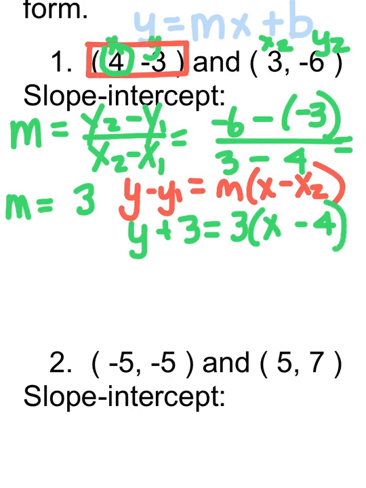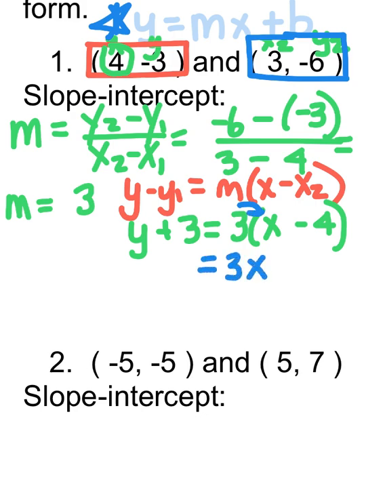And now we have it in point-slope form. You could have used the other point. It would be just as effective. Now we're going to change that to our goal, which is slope-intercept form. We'll do that by distributing.